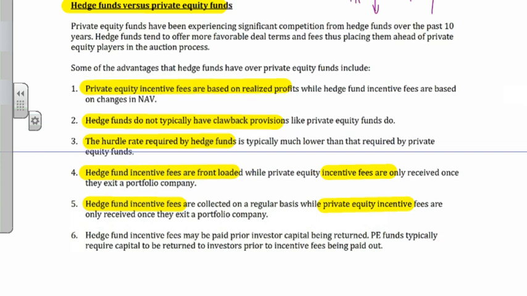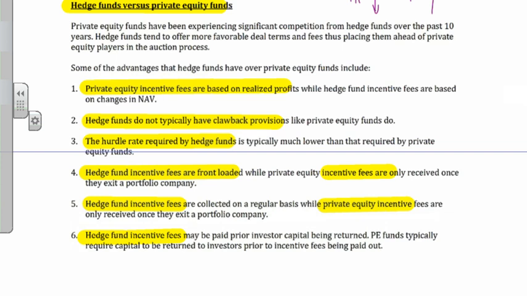Private equity fees are received when there's been some kind of an exit, either of the fund as a whole, or on a deal by deal basis, but again, once an investment has been sold.